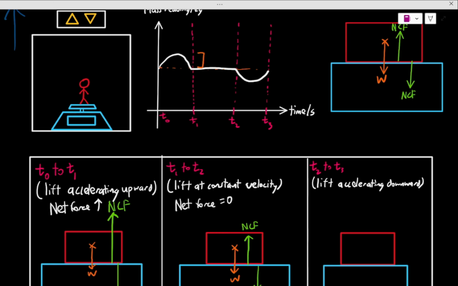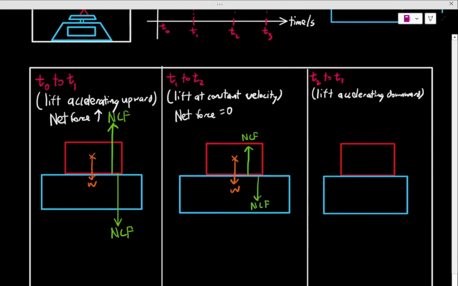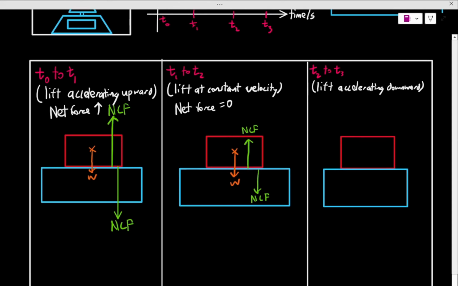Finally, let's go to the last instant, when the lift is going to be accelerating downwards or decelerating so as to come to a stop because we have reached our destination. Since there is a net acceleration downwards, there is going to be a net force downwards, as stated before.